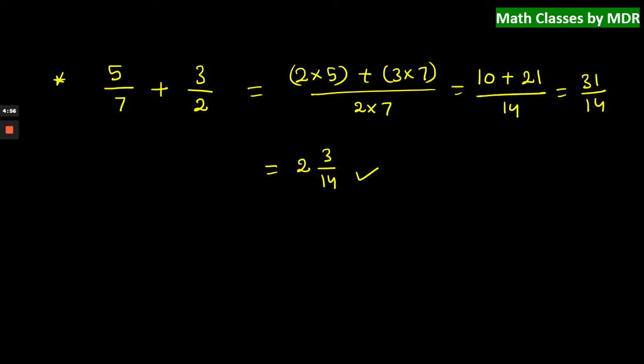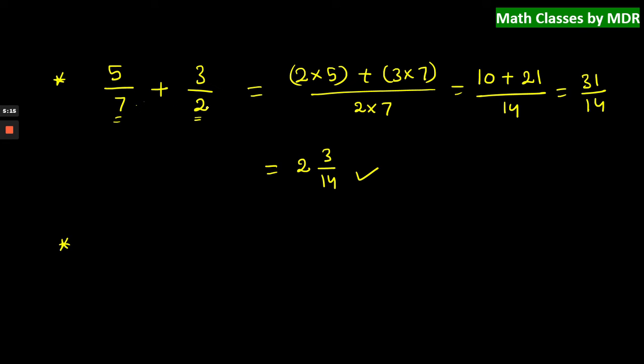Right? I hope it is simple. The same thing you can do by making the denominators equal. So how can we make the denominators equal? Here we have 7 and here we have 2. So both can be converted into 14.